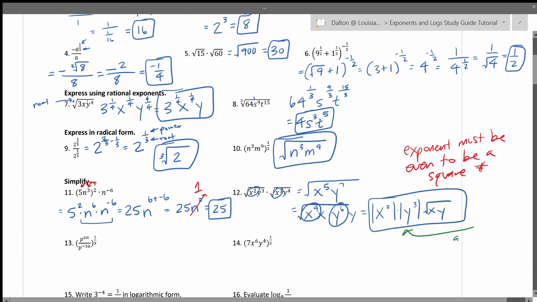Okay, so in short, on your test, you're going to put the absolute value bars when you take variables out of an even root, which is a square root, a fourth root, a sixth root, any even number that would be on the outside.